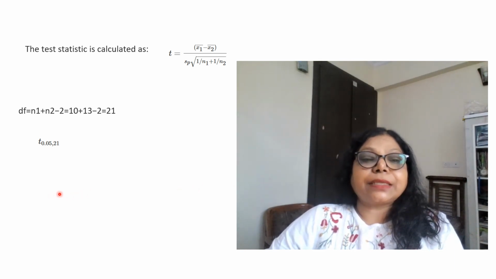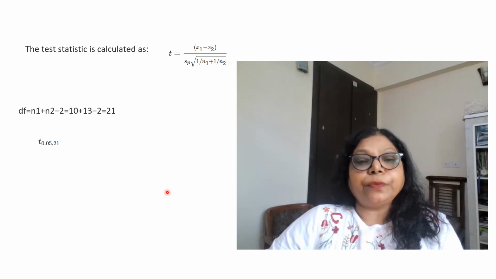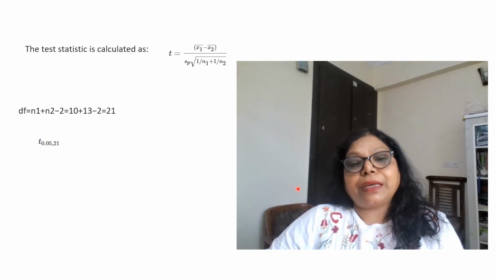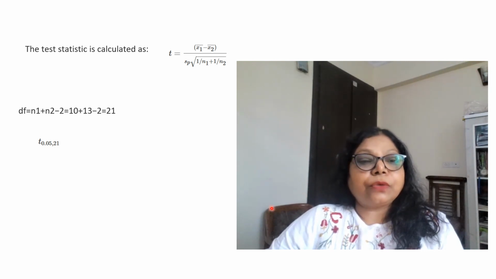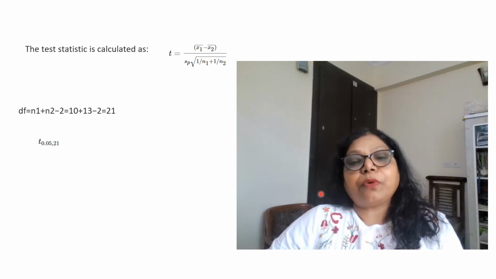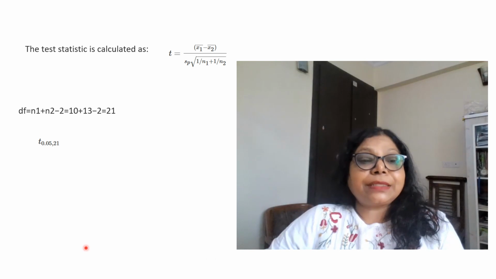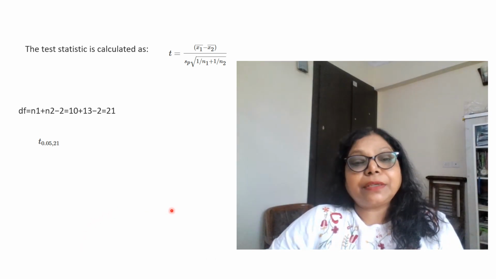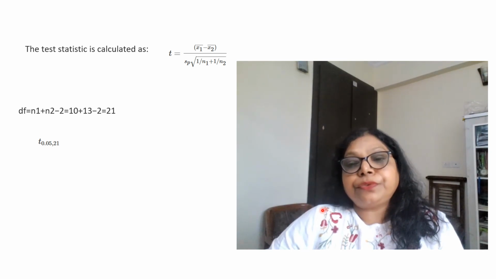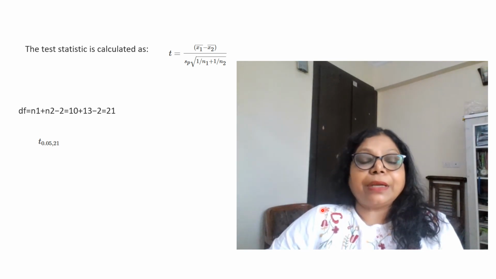If the test statistic is lower than the t value, we fail to reject the null hypothesis of equal means, so we can conclude that the data support the assumption that men and women have the same average body fat. If the test statistic is higher than the t value, then we reject the hypothesis of equal means, so we do not conclude that men and women have the same average body fat.